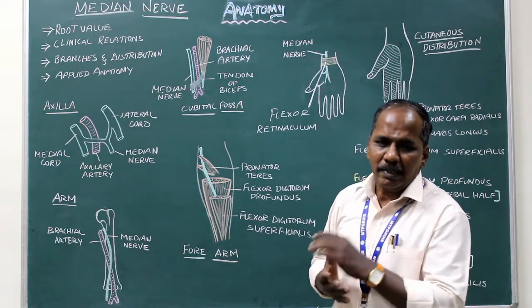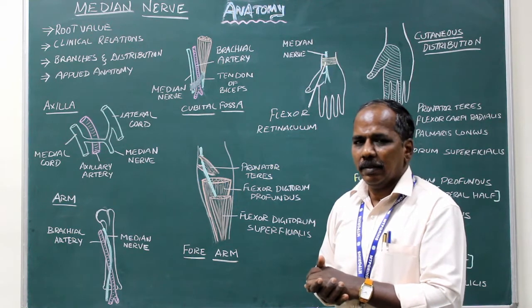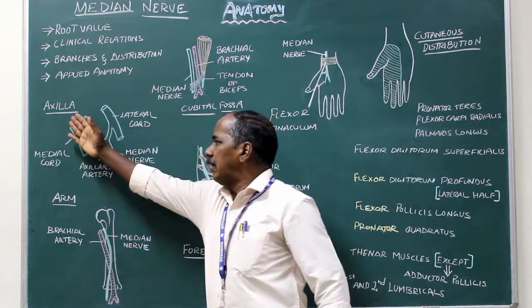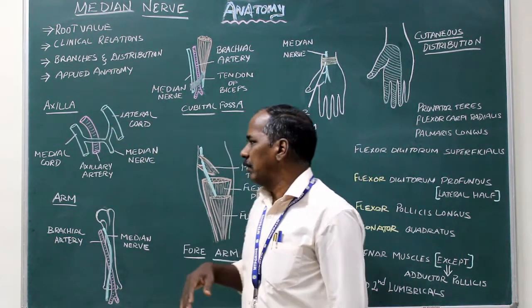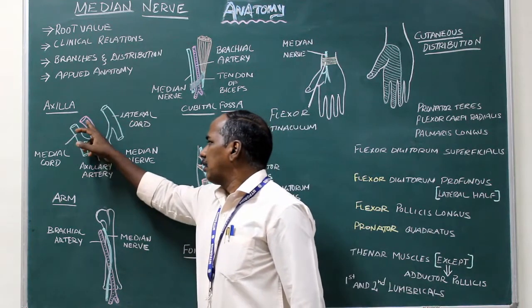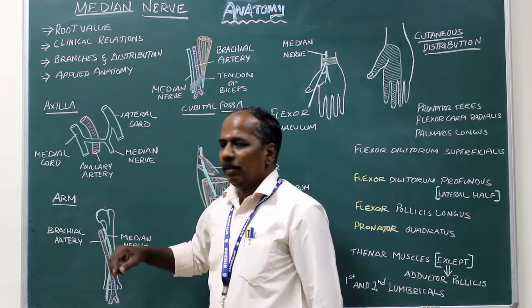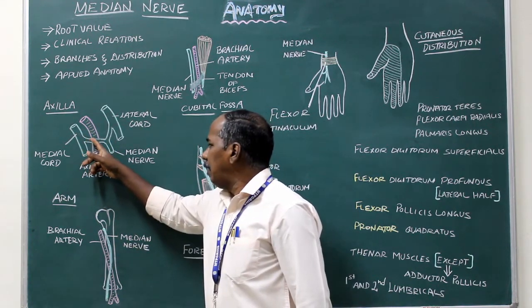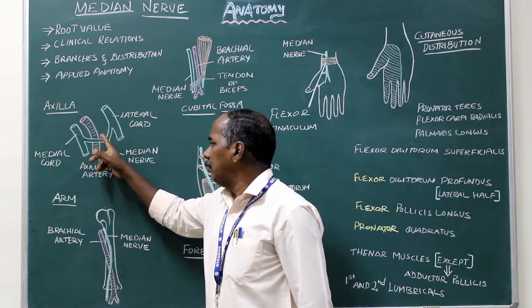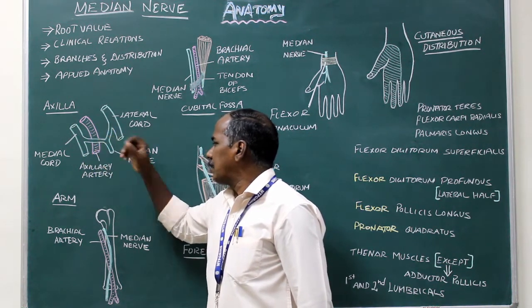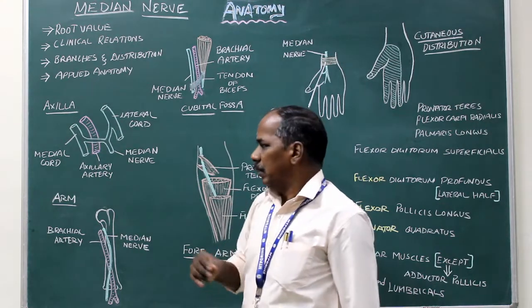Important clinical relations. In the axilla, this is the third part of the axillary artery. This is the medial root of median nerve. This is the lateral root of median nerve.